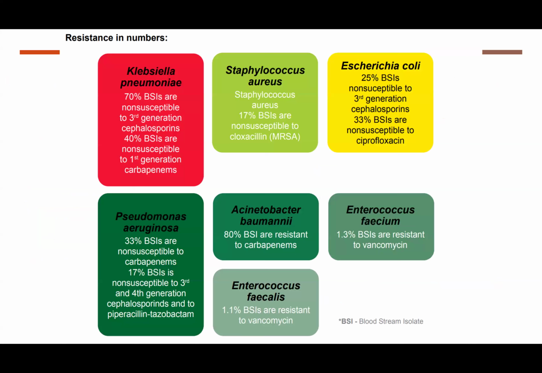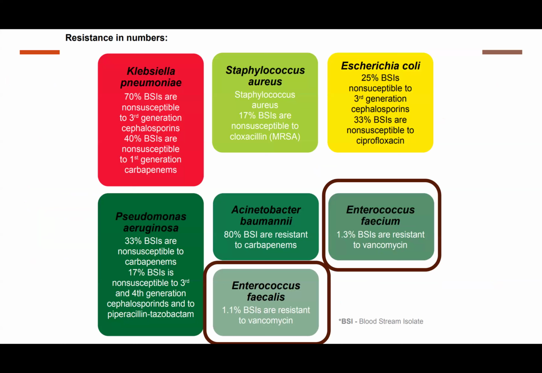And then in terms of resistance in numbers, this is again surveillance data from the same paper looking at vancomycin-resistant isolates. And you can see 1.3% rather in Enterococcus faecium isolates, and 1.1% of bloodstream infections were said to be vancomycin resistant during this time period.